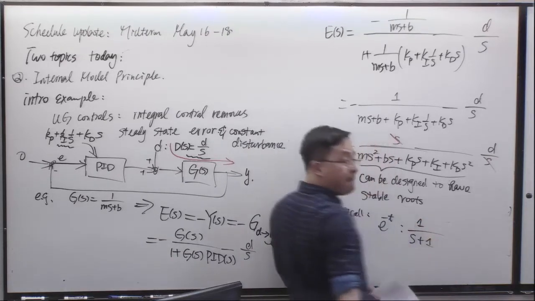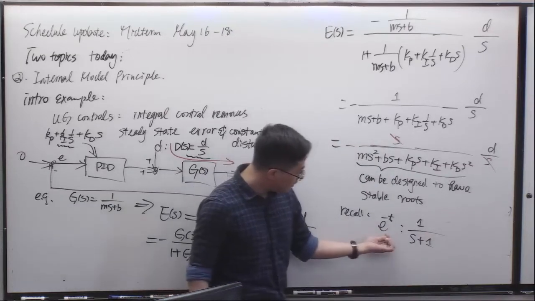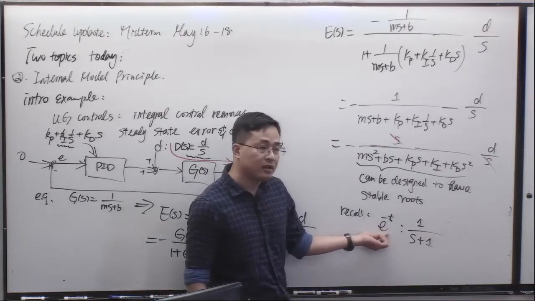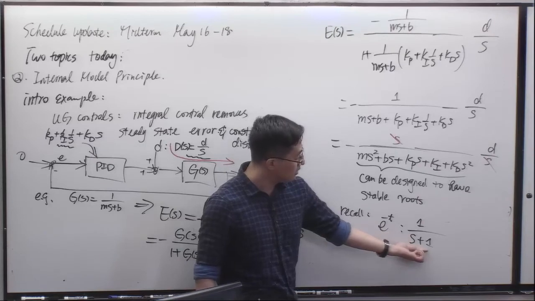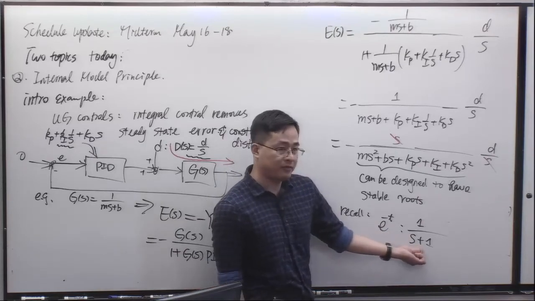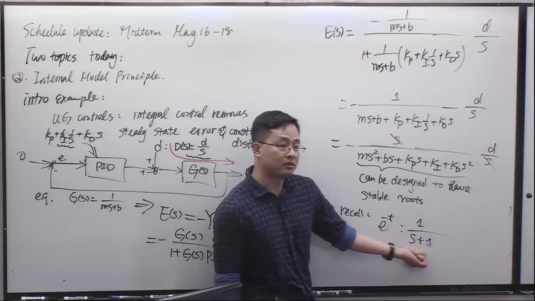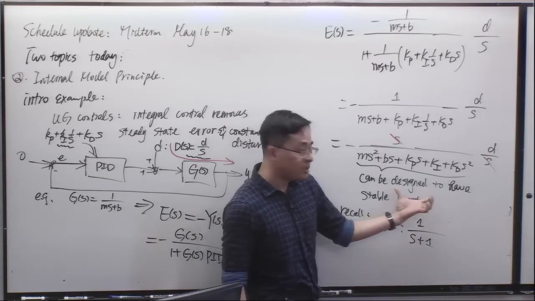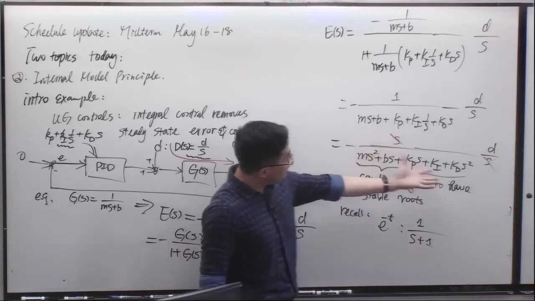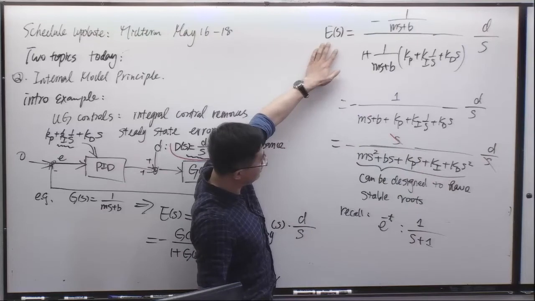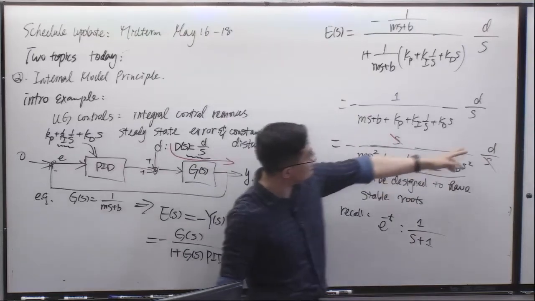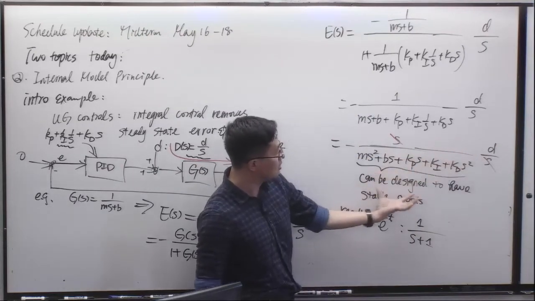S plus 1, right? If you have a signal that dies out eventually, the Laplace domain of this signal must have stable roots, stable poles. Same thing here. We created this error signal analysis, and we see it is d over a stable polynomial, right?